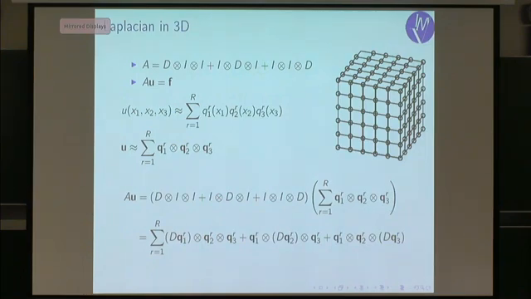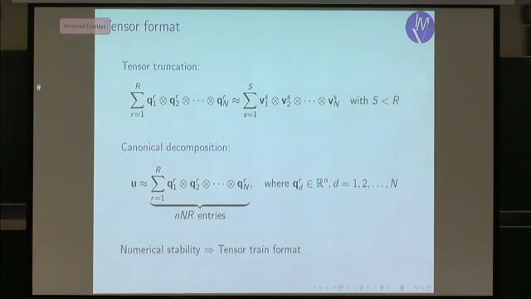And after several operations, it would kill me. I would fill up my memory with all these terms. So therefore, a very important operation is the tensor truncation. This is the heart of all tensor computations, that I have my tensor stored in a tensor format as a sum of tensor products, and I need to approximate it with a tensor with the same structure as a tensor product of short vectors, but this tensor rank S must be smaller than R. I have to keep the accuracy.